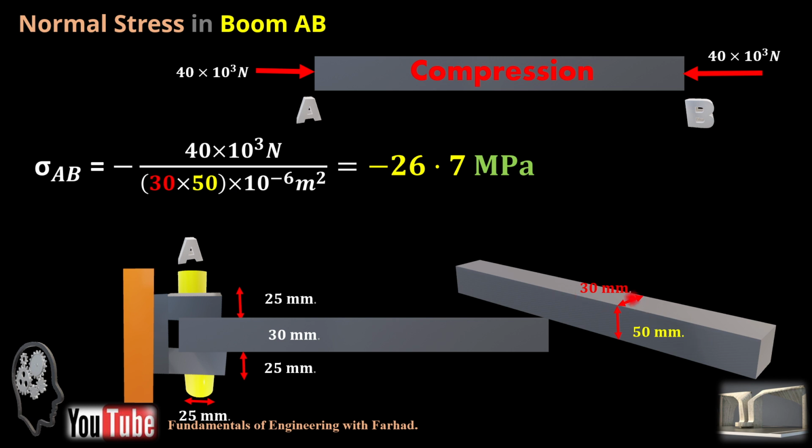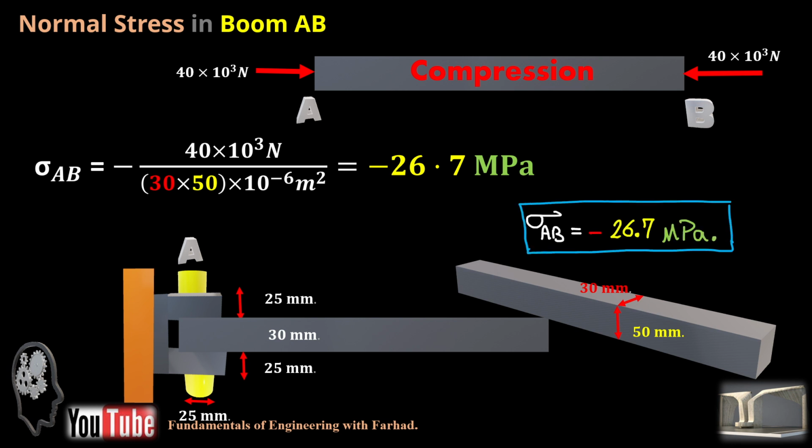The cross-sectional area is 50 times the thickness, which is 30 millimeters, and it gives a negative 26.7 megapascal. So sigma AB, the normal stress in boom AB, is negative 26.7 megapascal.